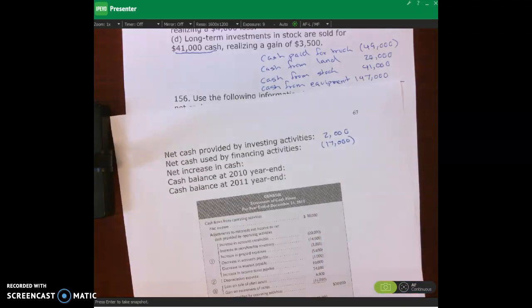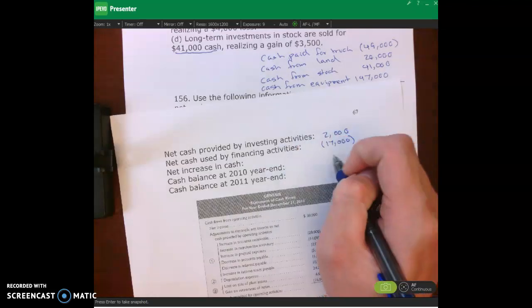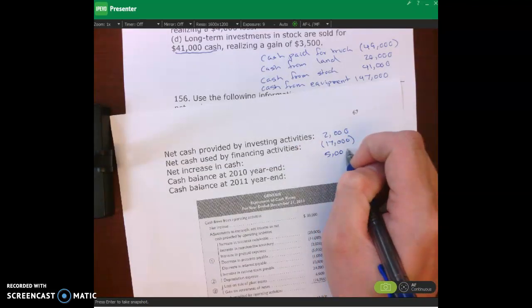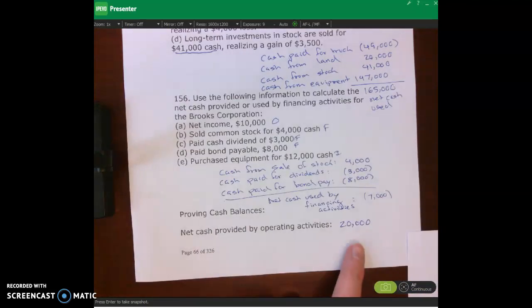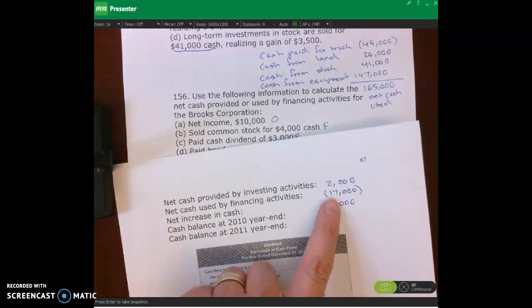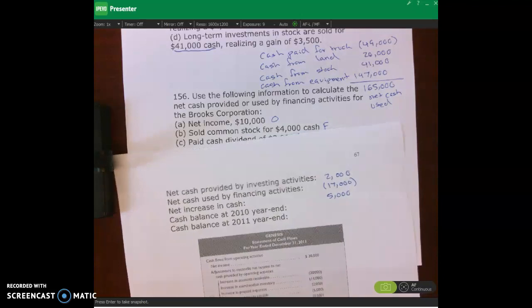That gives us a net increase in cash equal to $5,000. How did I get that? The 20 plus the 2 minus the 17 gives me 5,000.